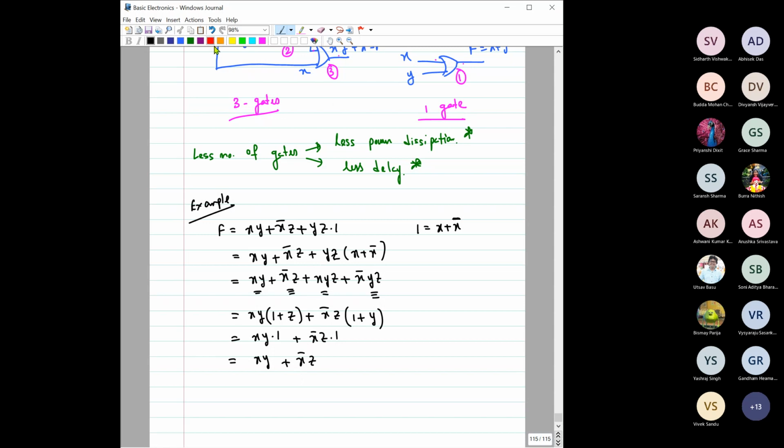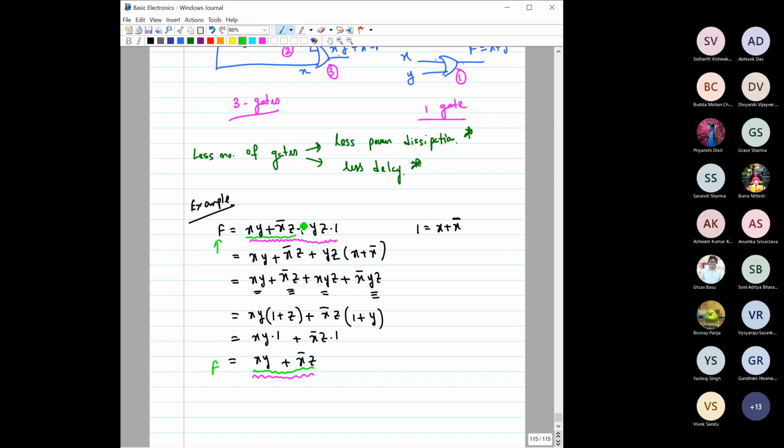Here what you can see is a bit surprising. This was the total expression, but if you notice more carefully, the first two terms are enough to represent this function. So the third term is of no use.